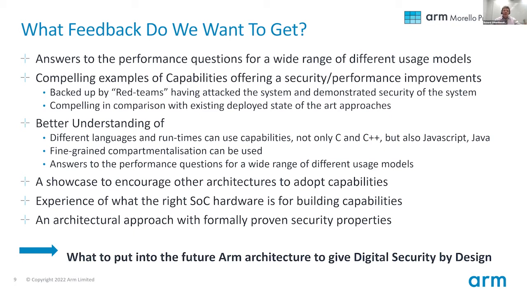And if this all works out the way that we think it will, this becomes a showcase to encourage other architectures to adopt capabilities, because really making use of that fine-grained compartmentalization, you want to be able to use that on any platform you're running on. So as I say, we're very keen to see this technology, assuming that it provides the benefits that we think it will, being used actually by many architectures.